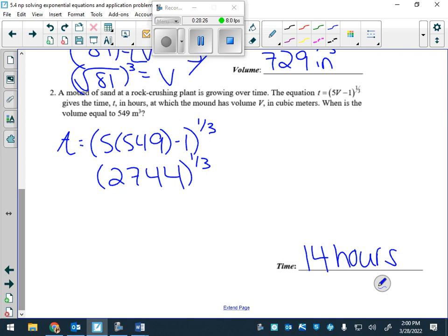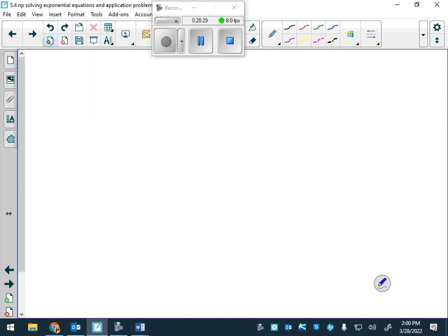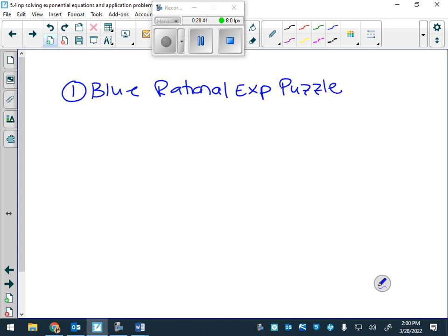All right. Good. So your homework is the blue rational exponent puzzle that you started. Then on page 5 of your note packet, where it says 6.6, just at the top, it's the circled problems.